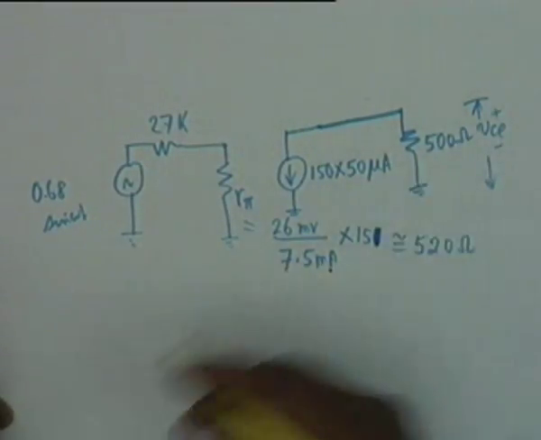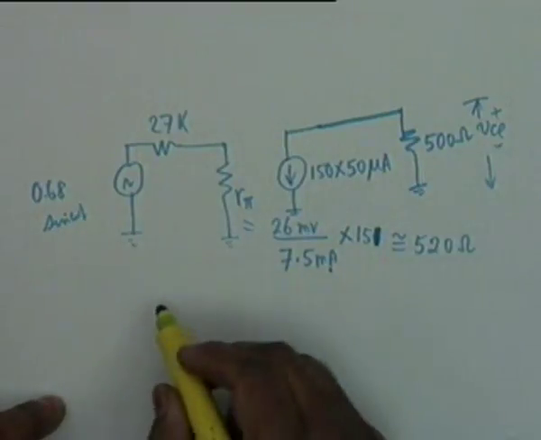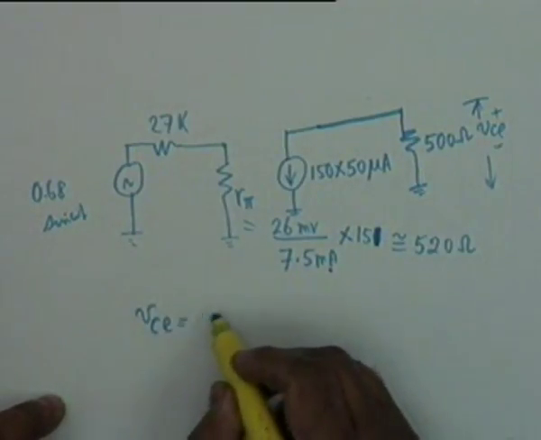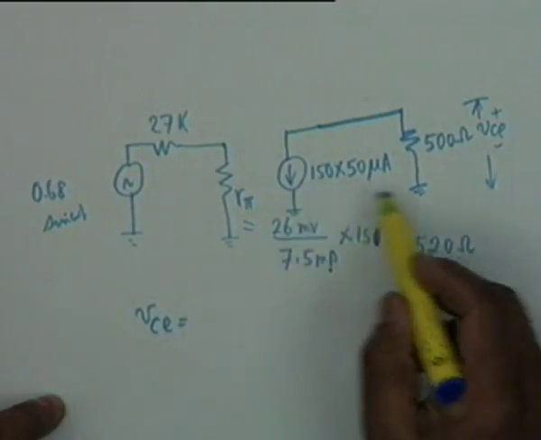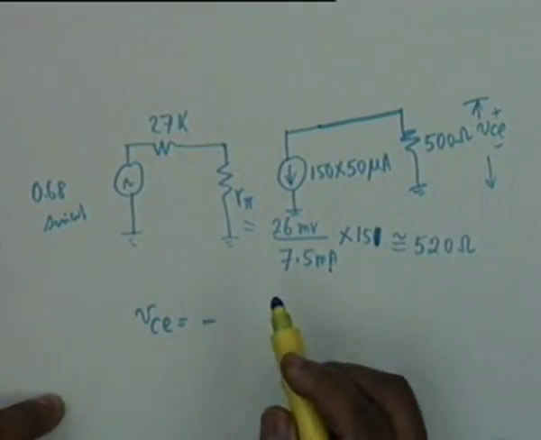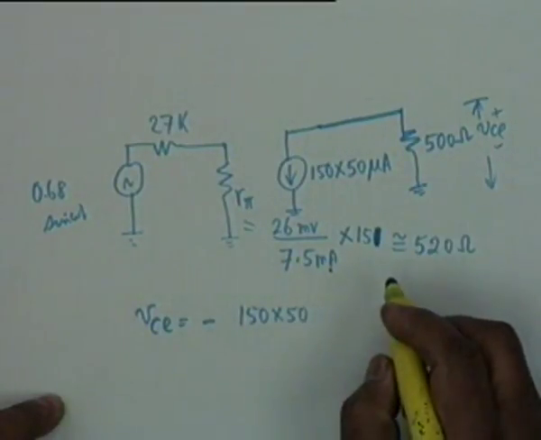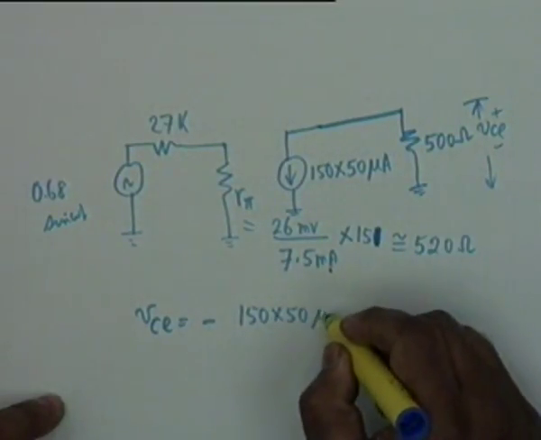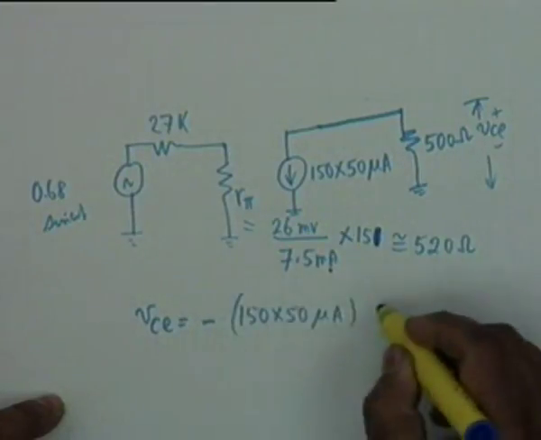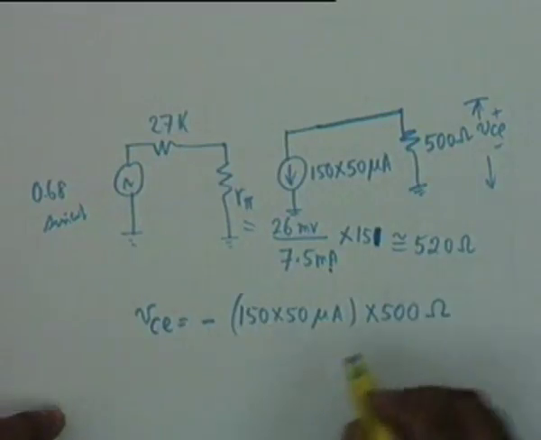We have thrown out all the DC quantities, the batteries and their associated paraphernalia. Okay, so what is VCE then? VCE is equal to, this current generator flows like this, and therefore it will be minus the current 150 multiplied by 50 microampere multiplied by 500 ohms.